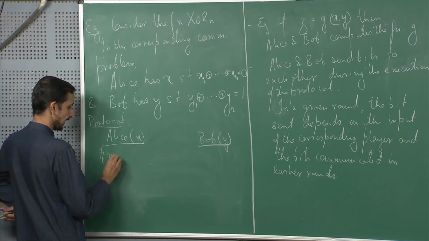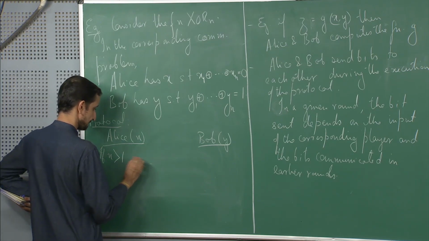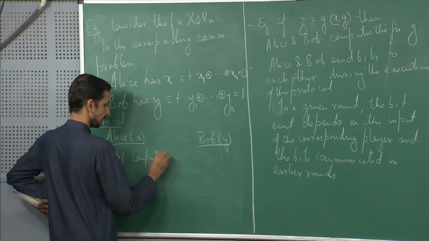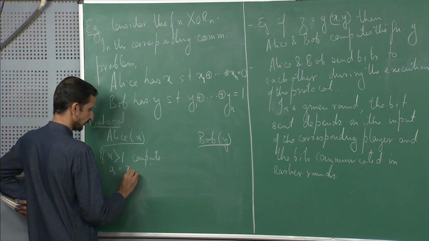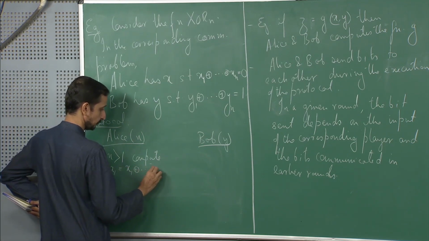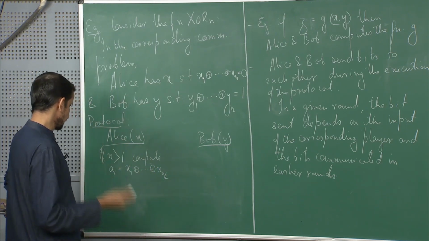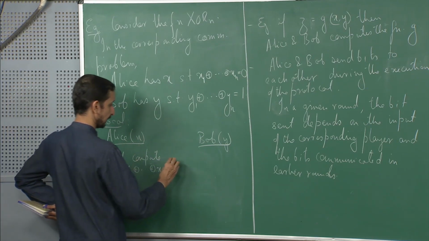If n is strictly greater than 1, compute A1, which is equal to the parity of the first n/2 bits, and send A1 to Bob.